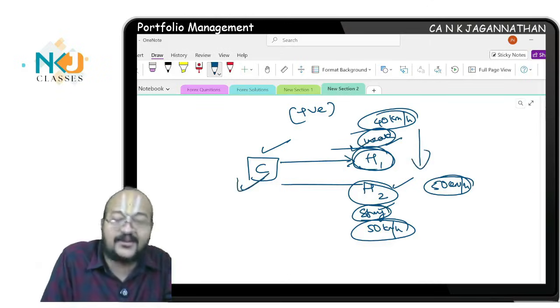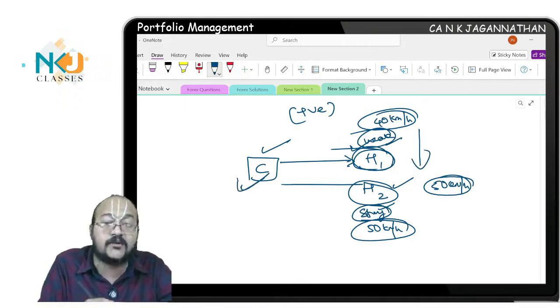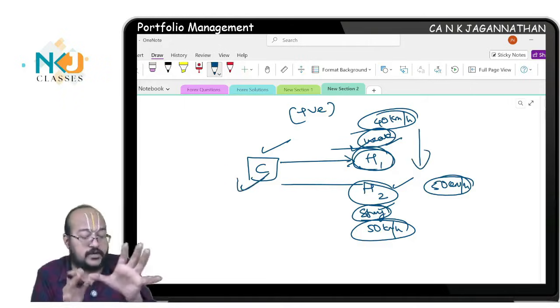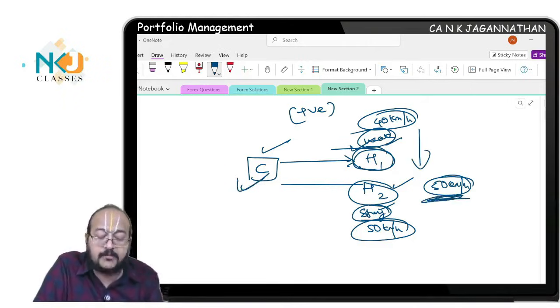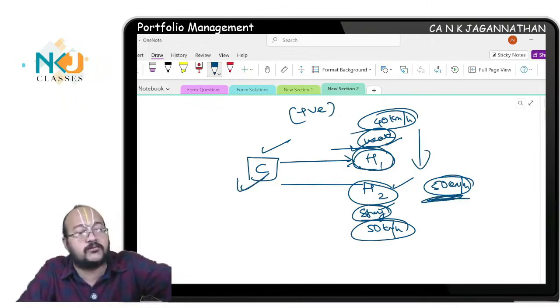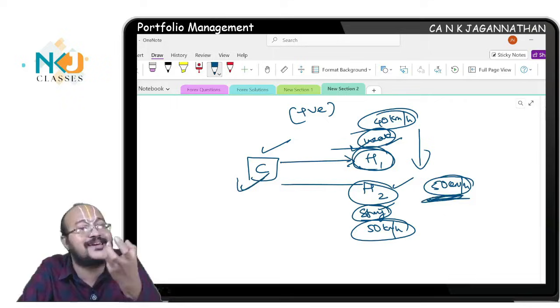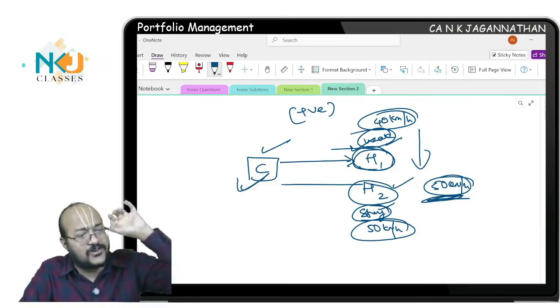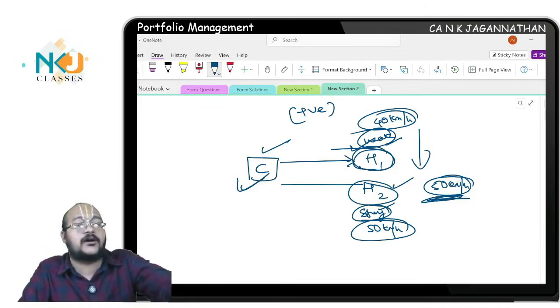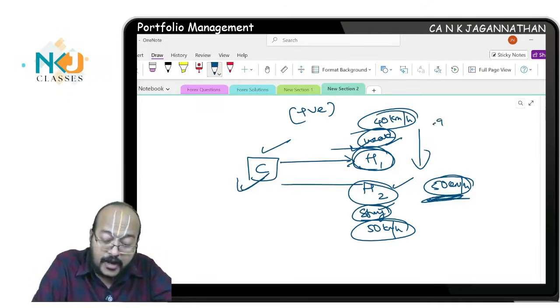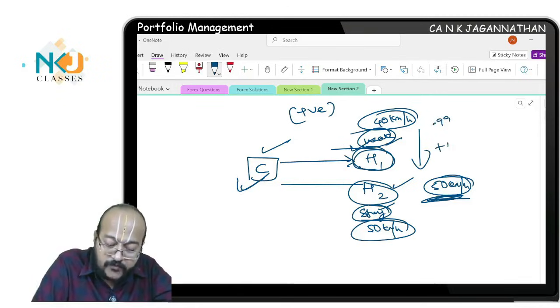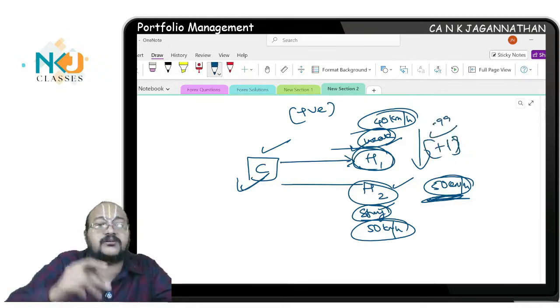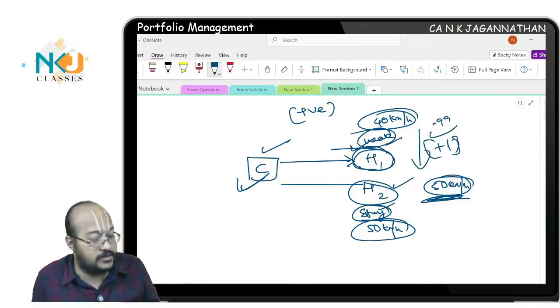Even though there is positive correlation, the speed will not be the same. It will still be reduced. The speed is like risk in my illustration. So the risk of the portfolio will still get reduced till 0.99, till the +1 perfect positive correlation. Risk reduction will happen. Are you all understanding?